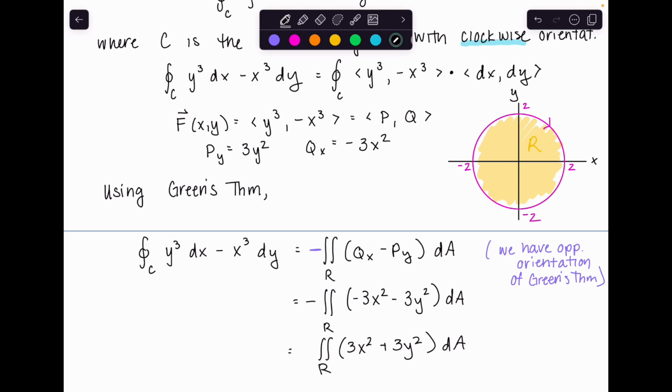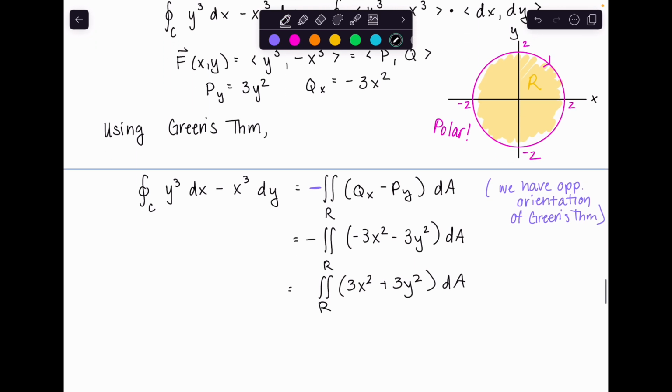Now when I go to set this up, I can use x and y bounds. However, because I have a circular region, it's going to make sense to use polar. Okay. So our region R is a circle. Instead, let's utilize that. So I'm going to have to switch over this inside. I'm going to factor out that 3 to see I have the x squared plus y squared.